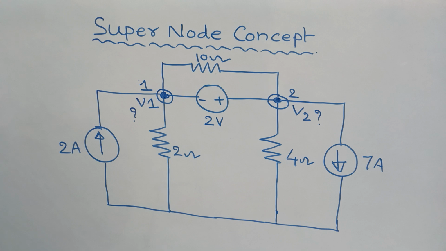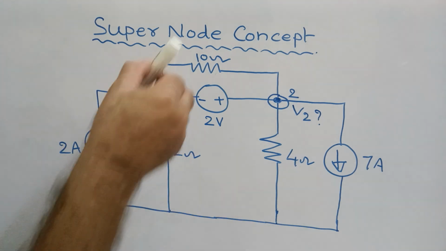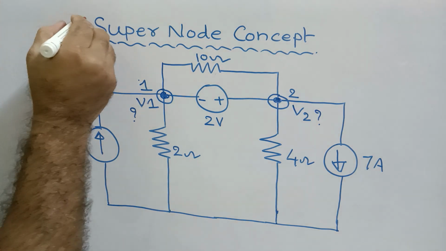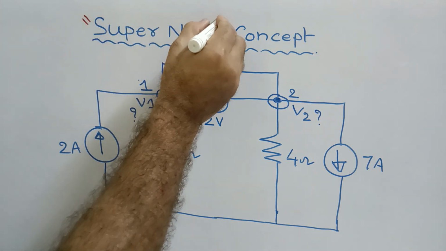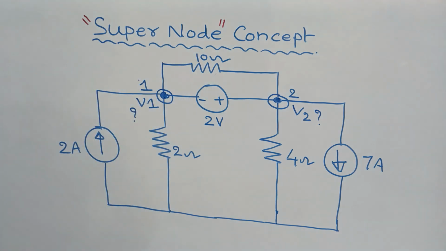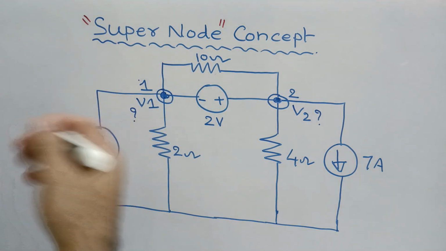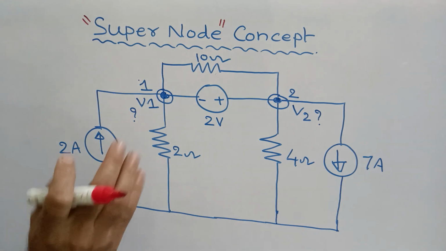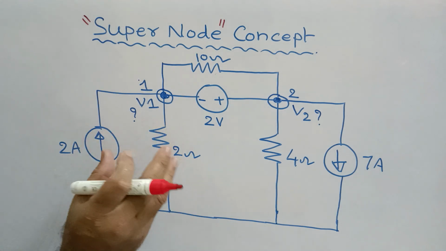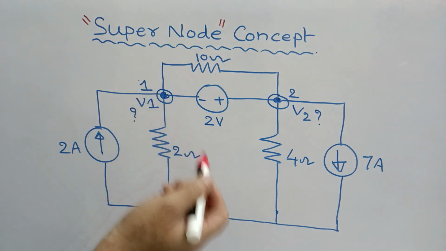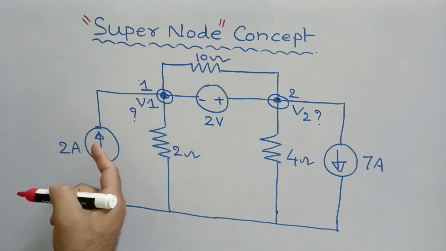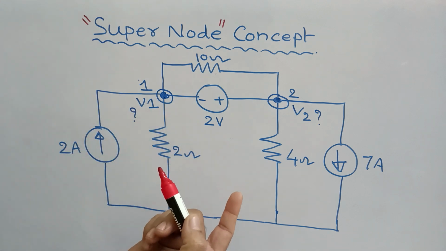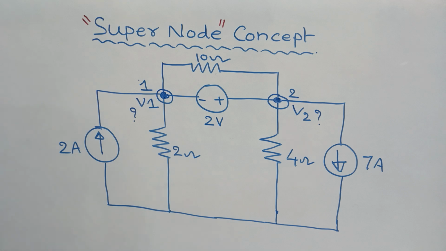The very important point to remember while solving using the supernode is, what is a supernode actually? Sometimes in electrical network circuits, it is quite easy to analyze the given circuit for a simple circuit where we have one voltage source and two or three resistances.